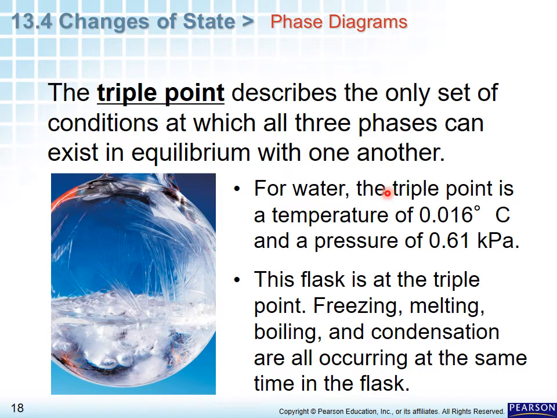So for water, the triple point is a temperature of 0.016 degrees Celsius and a pressure of 0.61 kilopascal. Remember 0.016 degrees Celsius for the triple point. In the flask, this flask is at the triple point. Freezing, melting, boiling and condensation are all occurring at the same time in the flask.